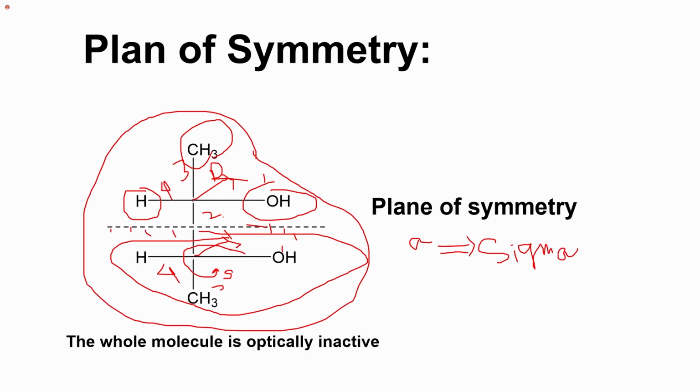Maybe this is 11th class, but we also read this kind of thing at the BSc level. It's better to have a little idea about what a plane of symmetry is, the chiral center, optically active, optically inactive.